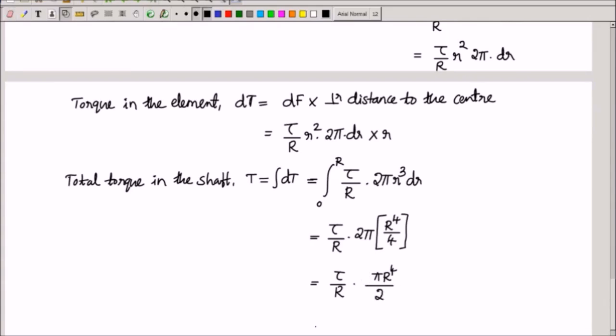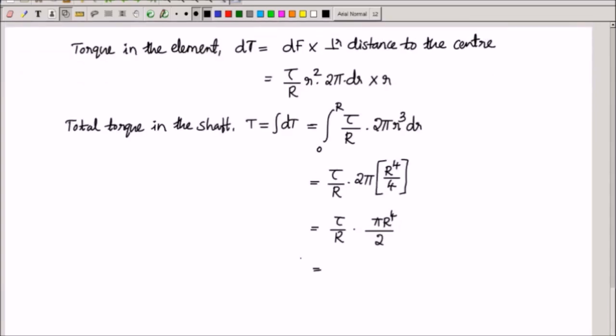And this pi R power 4 by 2 is nothing but the polar moment of inertia, called J. So T equals tau by R into J. This is called polar moment of inertia. I will write it separately, where J is equal to pi R power 4 by 2, or if I substitute R equal to D by 2, because radius is diameter by 2, D by 2 whole power 4 divided by 2, you will get pi D to the power 4 divided by 32.